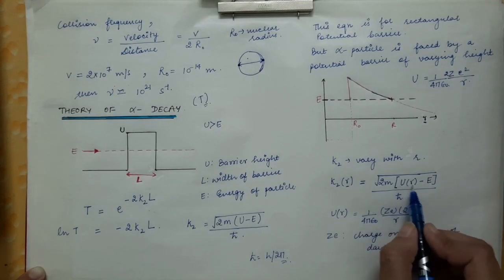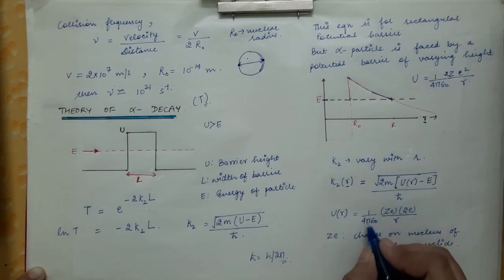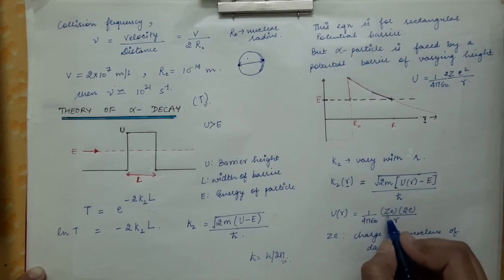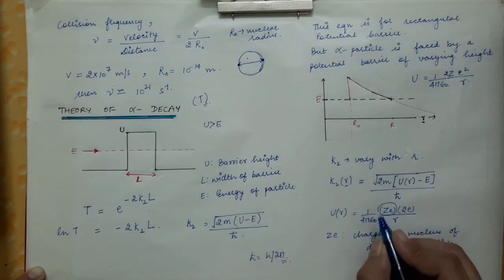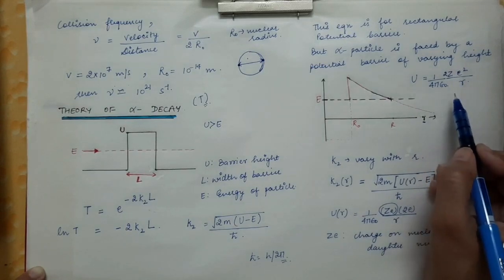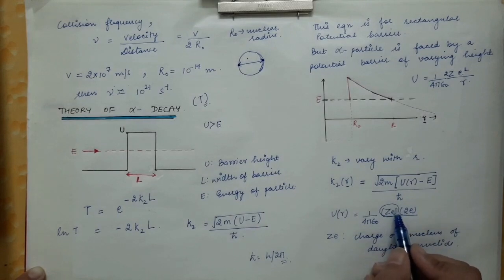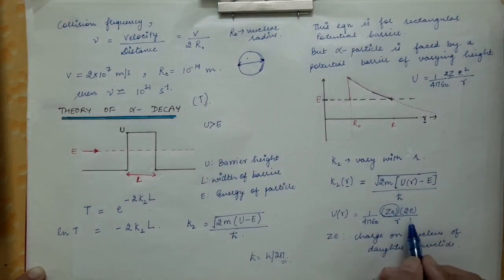So in this case, the potential energy U will be equal to 1 by 4 pi epsilon naught Z into e into 2e. Z into e is the charge on the daughter nucleus, as I have said Z is the proton number in the daughter nuclei, and 2e is the charge on the alpha particle, divided by the distance between both the charges.